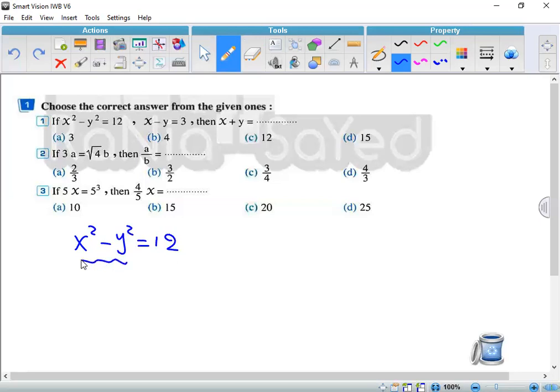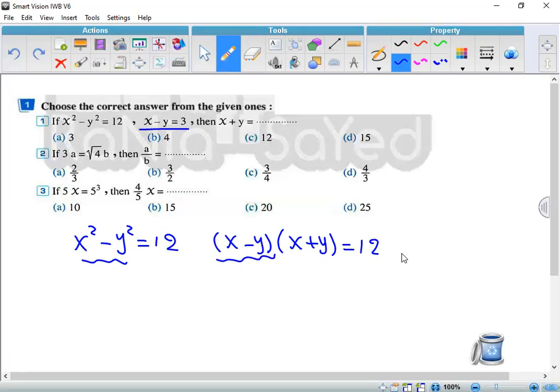We can factorize this as a difference between two squares. It will be x minus y times x plus y equals 12. He gave us that x minus y equals 3.